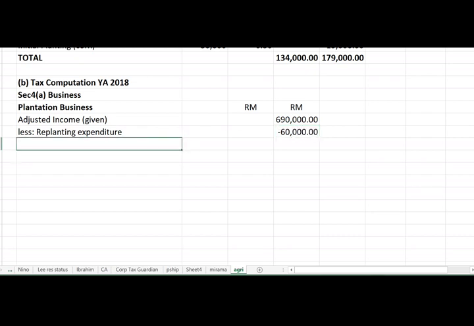That's why if you use Excel, it's so much easier. Just cut and pull it down. Don't insert line, okay? Because in the exam you cannot insert line. Cut, put it down, okay? Now this is the real adjusted income, the real one.